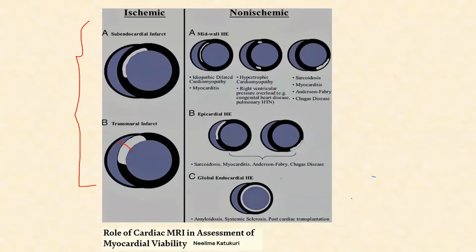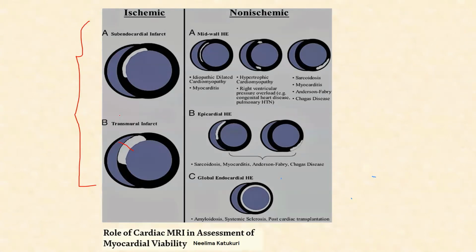It indicates non-ischemic cardiomyopathies like sarcoidosis, myocarditis, Fabry's, amyloidosis, and stuff like that. Don't bother about them, but remember the non-ischemic patterns are mid-wall, epicardial hyperenhancement, and global endocardial. The ischemic pattern is subendocardial and transmural.